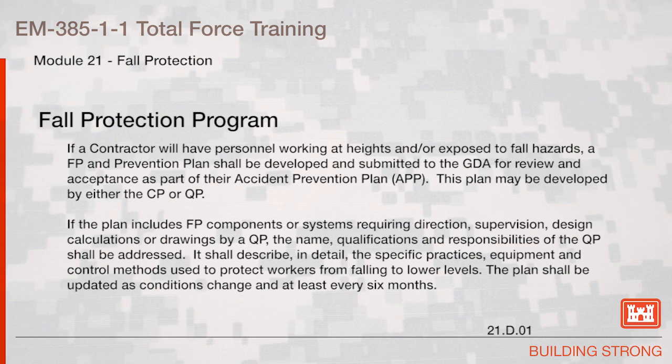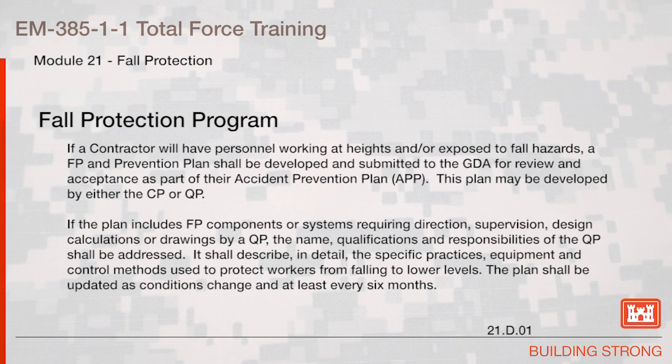Fall protection program. If a contractor will have personnel working at heights and or exposed to fall hazards, a fall protection and prevention plan shall be developed and submitted to the GDA for review and acceptance as part of their accident prevention plan. This plan may be developed by either a competent person or a qualified person.